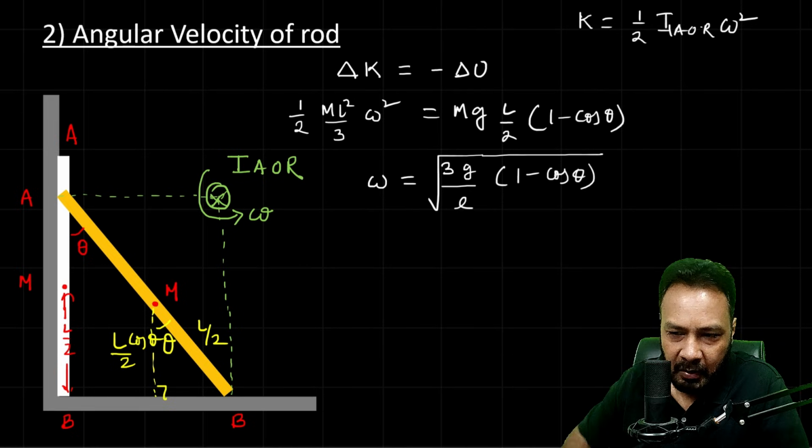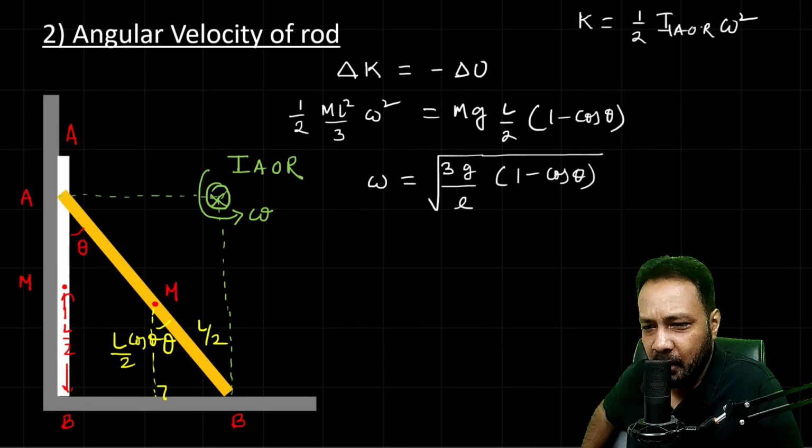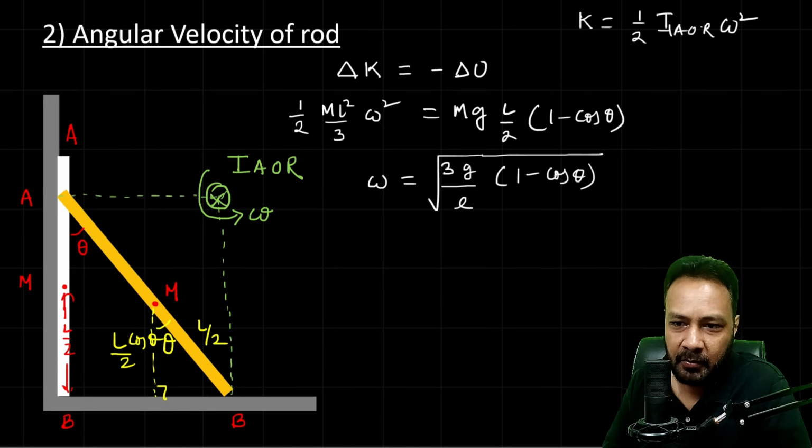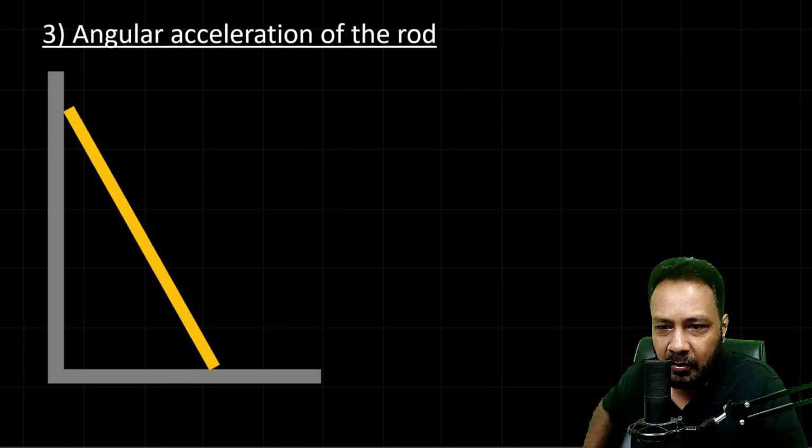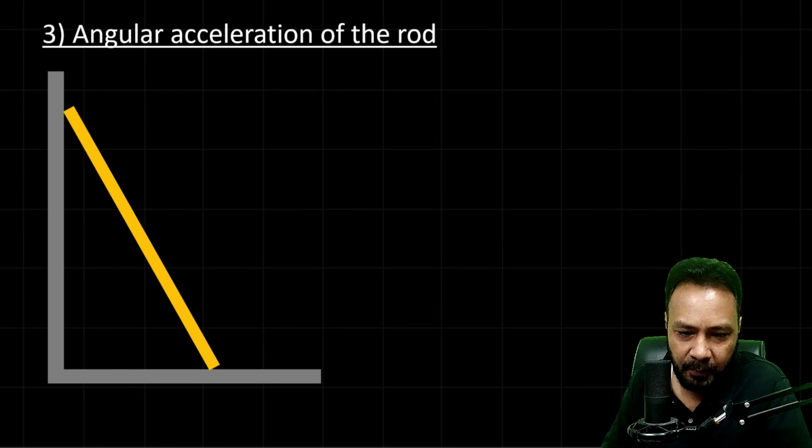And for the velocity terms, I will write in terms of omega, and whenever I have to go deeper, then I'll put the value of omega. So angular velocity we got, and now angular acceleration.